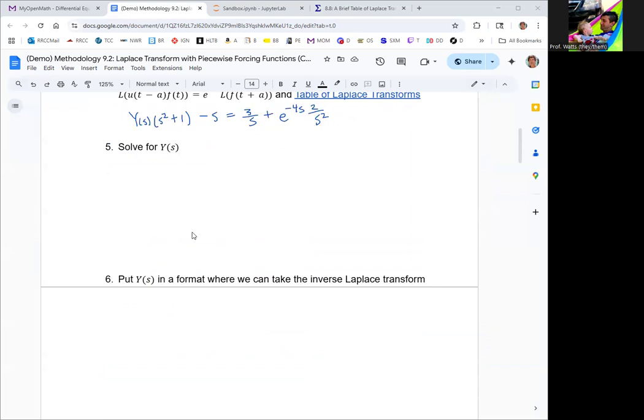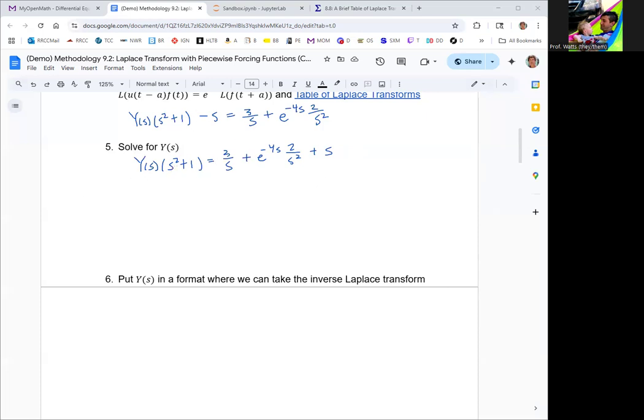All right, so step 5, we're going to solve for big Y of s, which is the Laplace transform of the solution. And what we're going to do is add s to both sides. So we'll get a plus s on the right, and then the minus s disappears on the left.